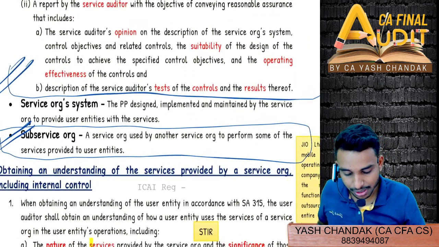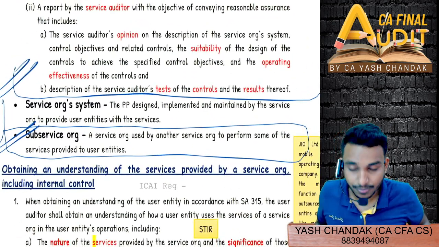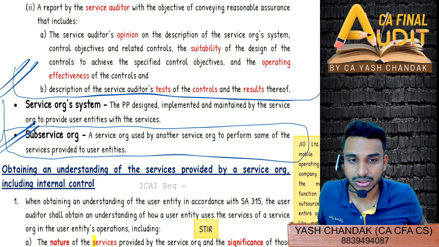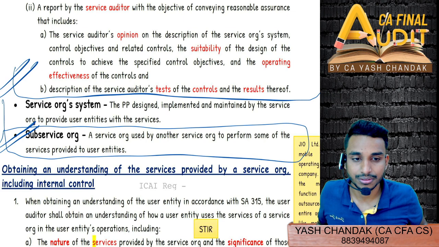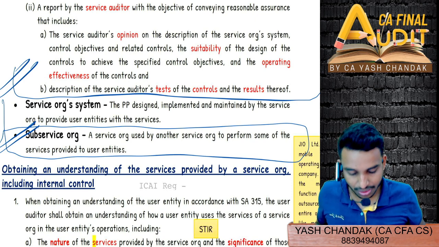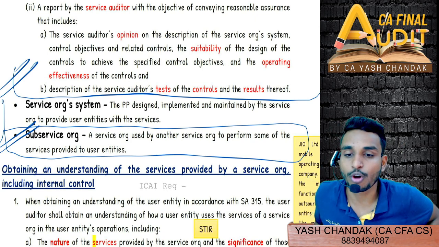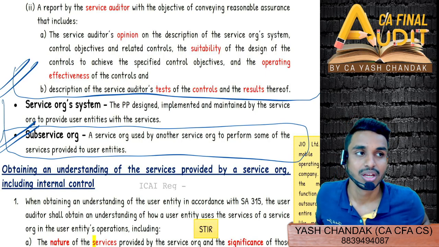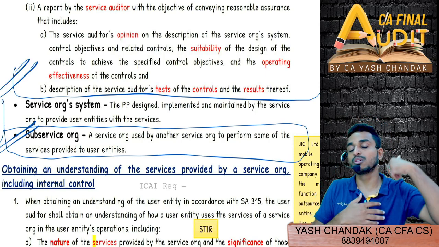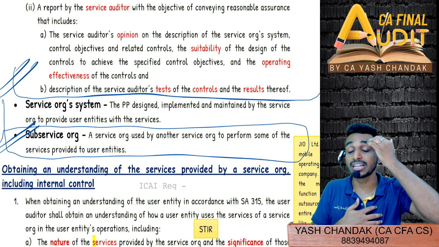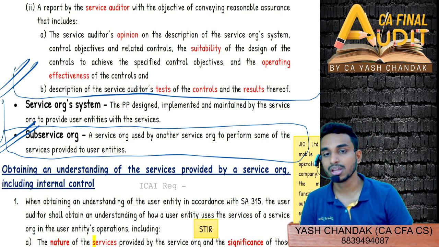So what do you mean by sub-service organization then? Sir, it's like subletting. So I have already outsourced to you for performing my employee benefit expense services. Now you are overloaded, so you might have outsourced again to some other relevant entity similar to your entity.